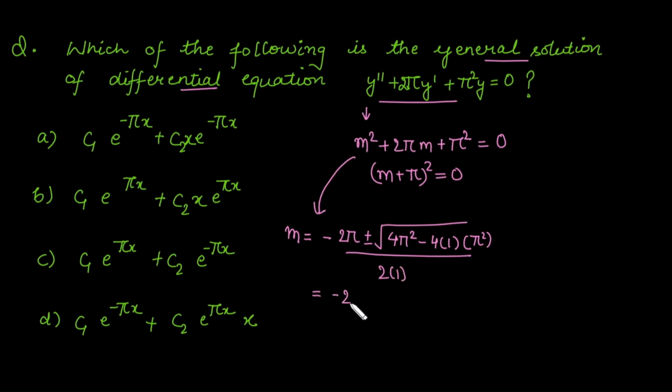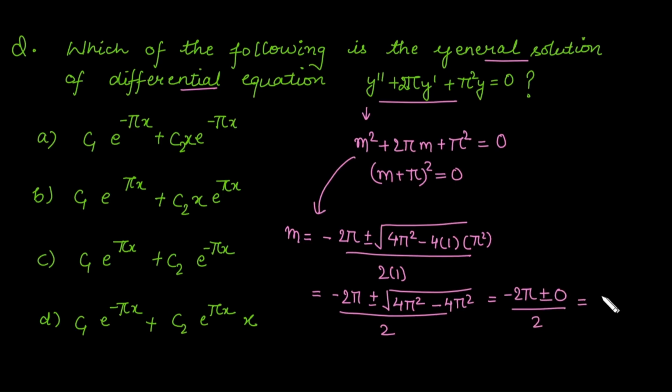Simplify this: minus 2 pi plus minus under root 4 pi square minus 4 pi square, by 2. So this is equal to minus 2 pi plus minus 0, by 2. So do not directly say that it has only one root, that is minus pi.